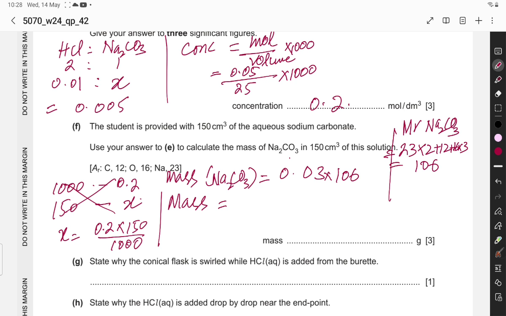So 1000 cm³ contains 0.2 moles, so 150 cm³ contains x. So the moles of sodium carbonate is 0.03. The Mr of sodium carbonate is 106, so the mass is 3.18 grams.